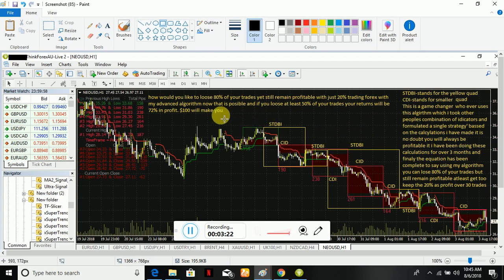So what's happening here is I have two indicators at the moment, but there is more. When you see my other data charts, you will see that will help you do confirmations when you are trading using my system. So you have STDBI, which stands for super.